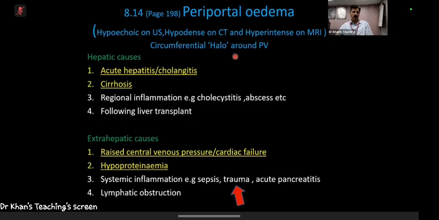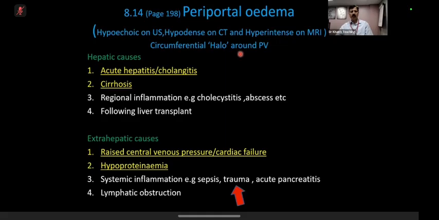In your latest Chapman, this is the differential 8.14. Periportal edema can be hypoechoic on ultrasound, hypodense on CT, hyperintense on MR. Basically, we are talking about a circumferential halo around the portal vein. So it will surround the portal vein, and there are so many causes.